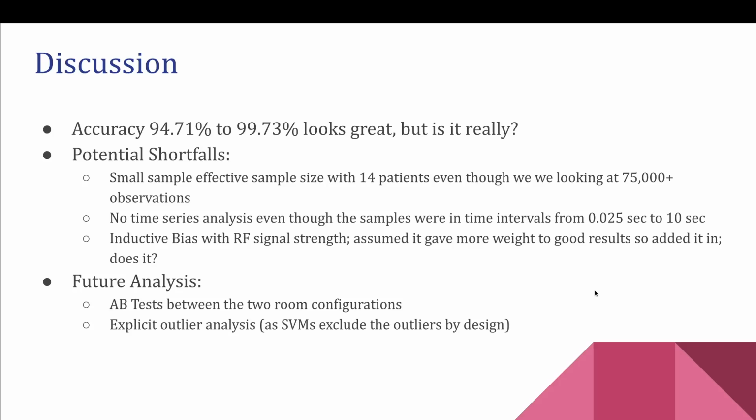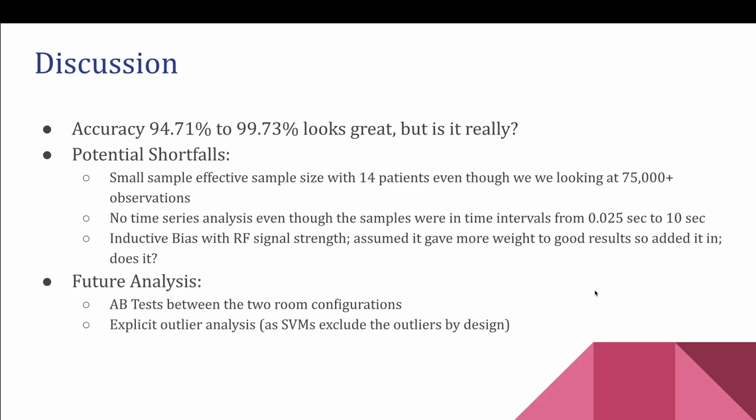And further, there was a little bit of inductive bias on my side with respect to the radio frequency signal strength. I figured that would lend more weight to the good results, so I added that in, but I'm not an RF engineer, so that may have been erroneous, but that's an example of inductive bias.